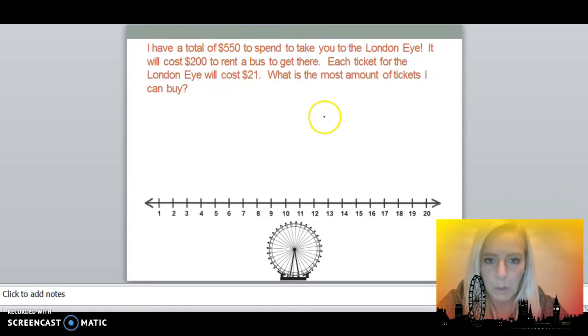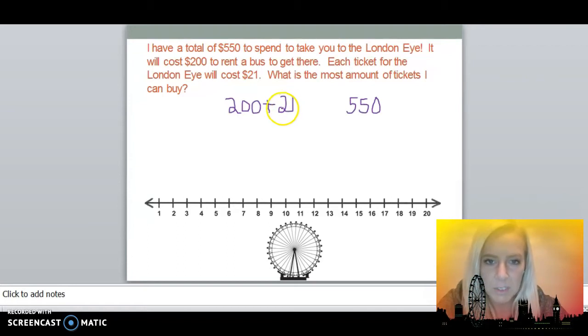I have a total of $550 to spend. It's already going to cost me $200 to rent the bus, plus an additional $21 for each ticket that I purchase.